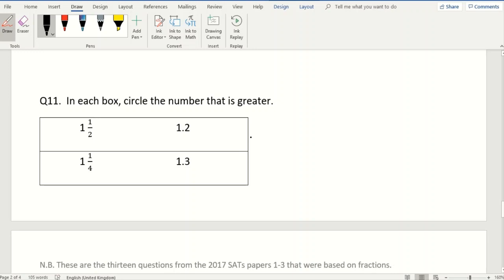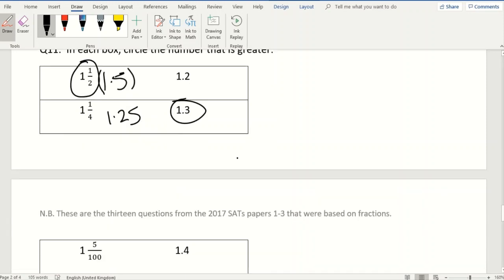I'm going to convert my fractions so that they are decimals to begin with. So I know 1.5 is actually 1.5. I'll put that in brackets so I know exactly what it's equivalent to. So that is the bigger one here. 1.25 is 1.25, and 1.3 is obviously bigger than 1.25.